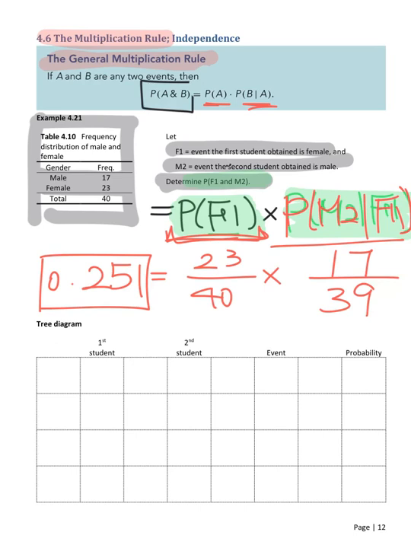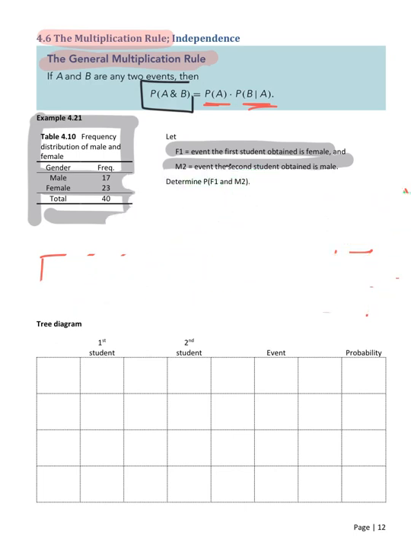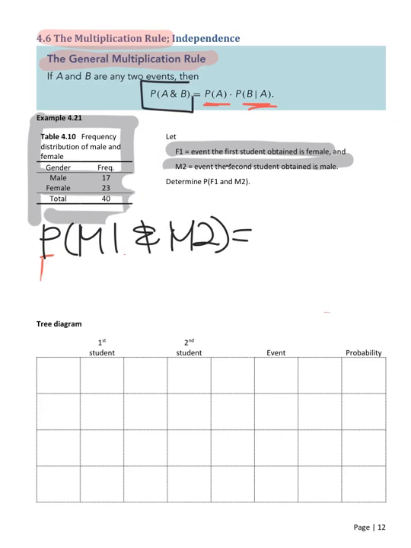It's good? Let me try another one. Did you copy? Okay, let me erase it. Now I need another one. I need the probability of M1 and M2. Can you understand what I need? It's the same thing.